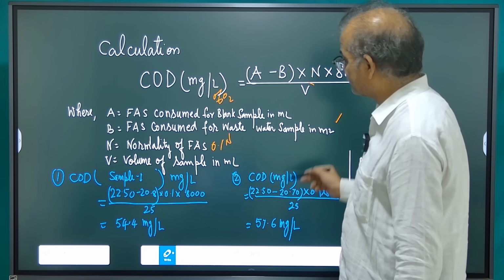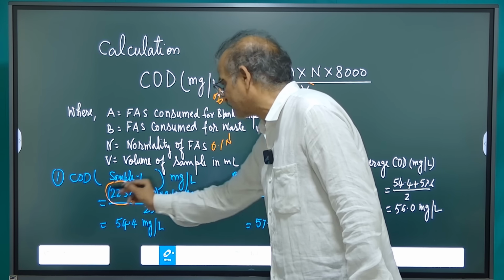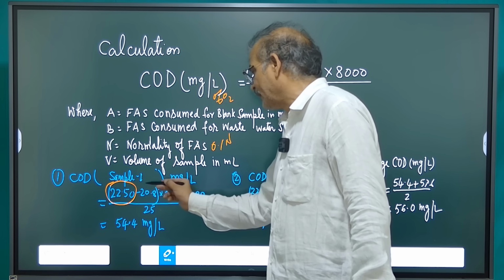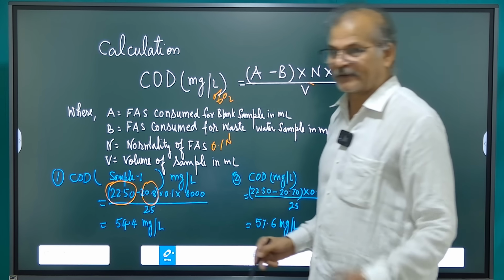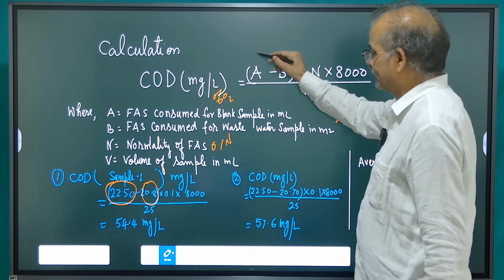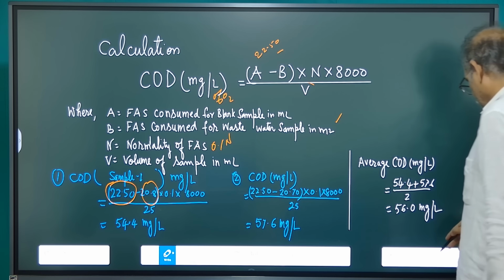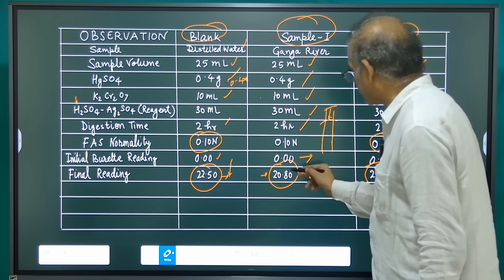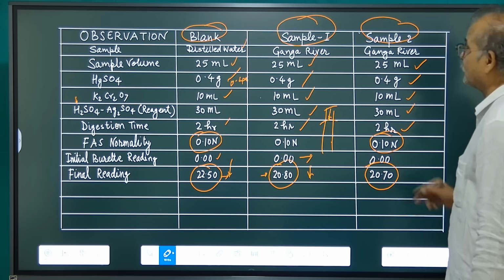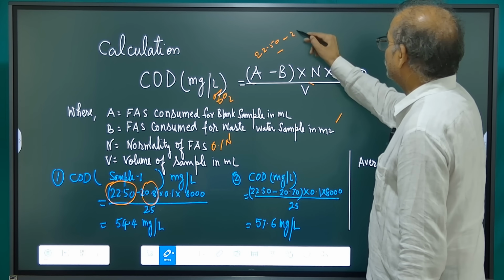So for the first sample, the blank sample consumed ferrous ammonium sulfate 22.50 and the organic matter sample 1 consumed 20.80. A is 22.50 minus B is 20.80.